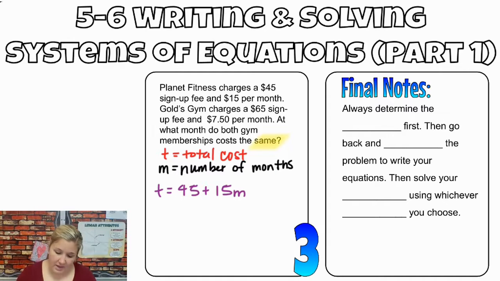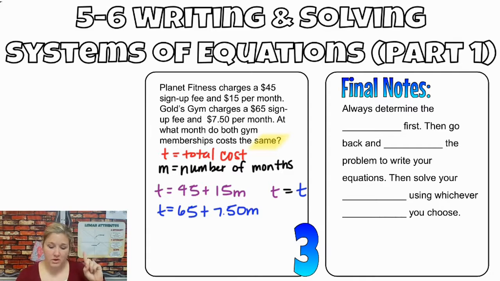And then for Gold's Gym, I'm going to have T is equal to $65 plus $7.50 per month. That seems like a pretty good deal. And so I want to know when these two are the same. I want to know when Planet Fitness is equal to Gold's Gym.